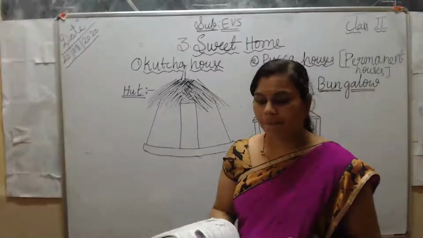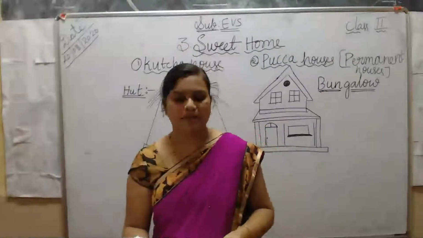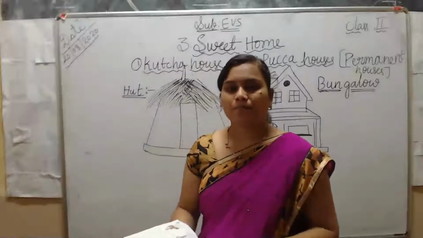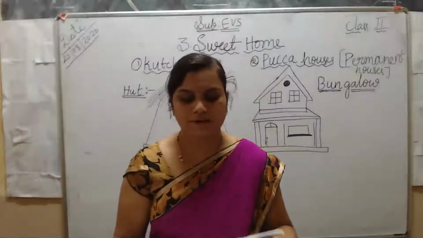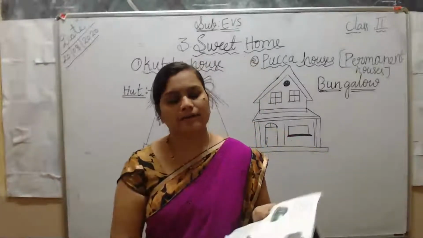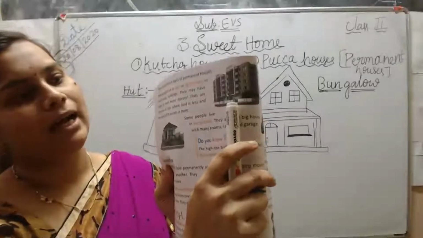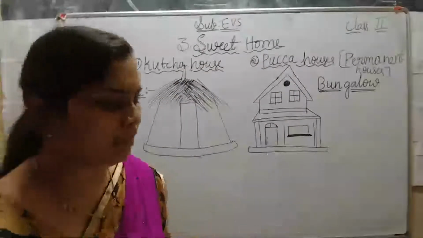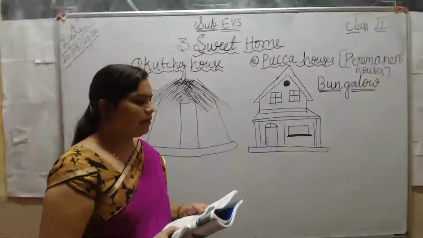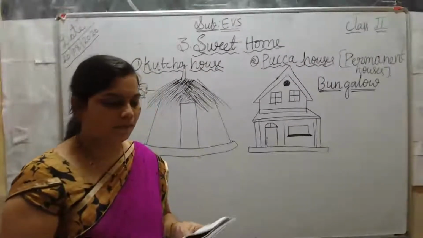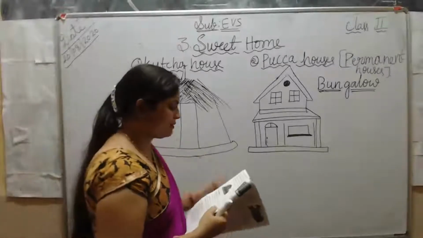Many people live in flats or apartments in multi-storey buildings. Do you know what I mean by flats or apartments? Look at this picture. This is the picture of an apartment and flats. A multi-storey building may have 3 or even more stories.